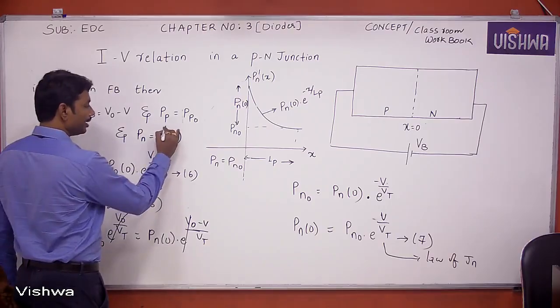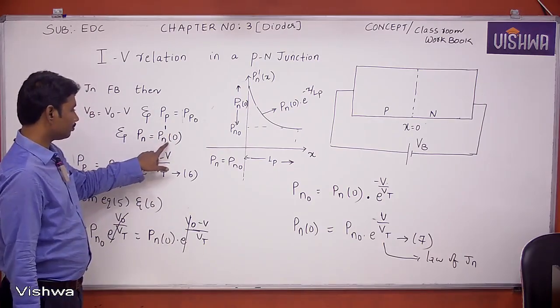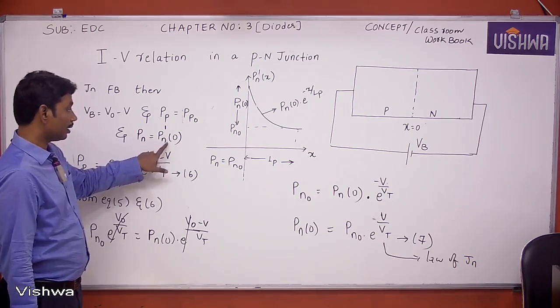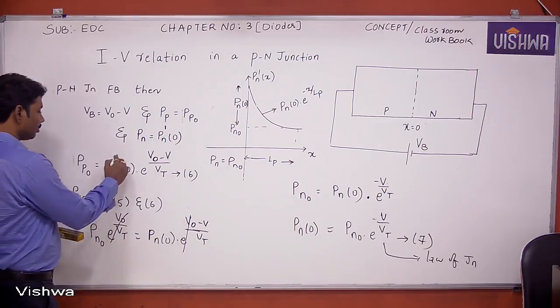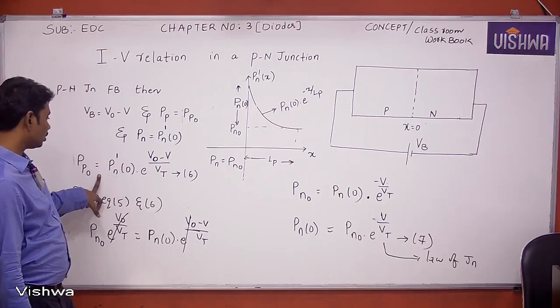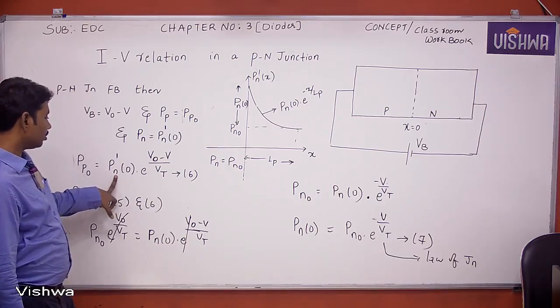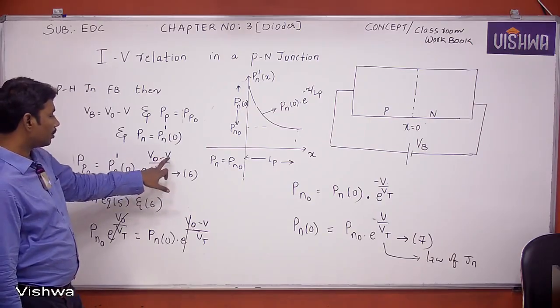Actually, this is Pn dash of 0 here, small correction. Now, what is the equation? PP0 equal to Pn dash of 0 into e power V0 minus V by Vt.